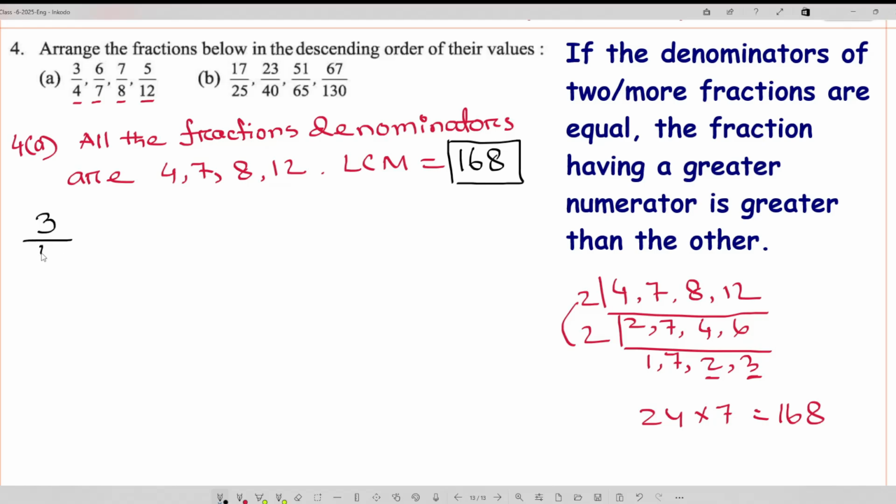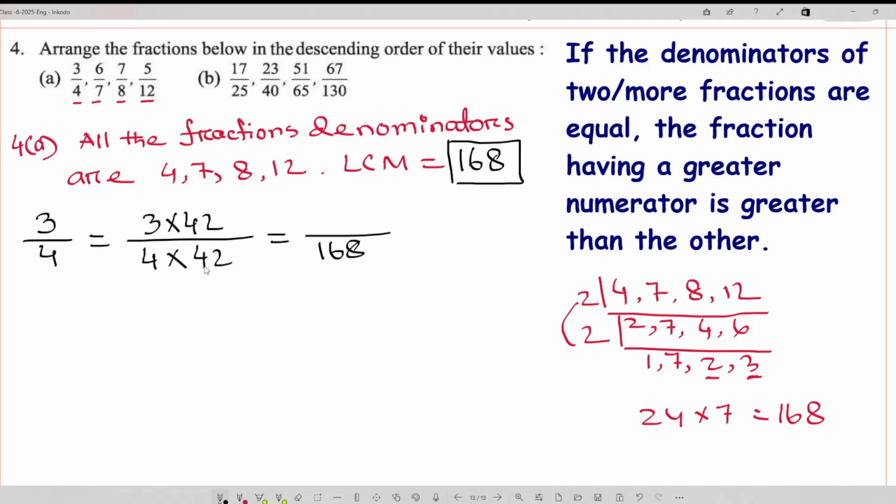So we can write 3 divide 4 equals to, here is 168, so 4 times. So 4 times what will happen? 168 divide 4. So here is 42. So 42, 3 times also 42, because this 42 we will multiply both numerator and denominator.